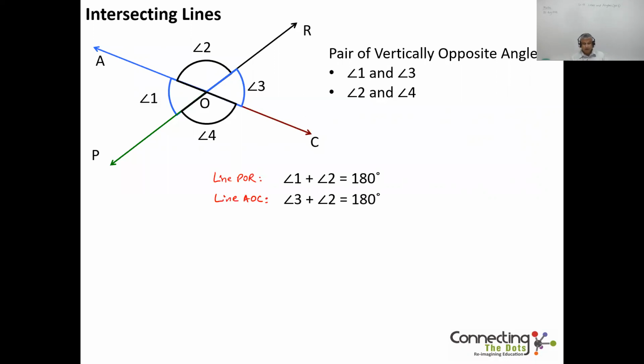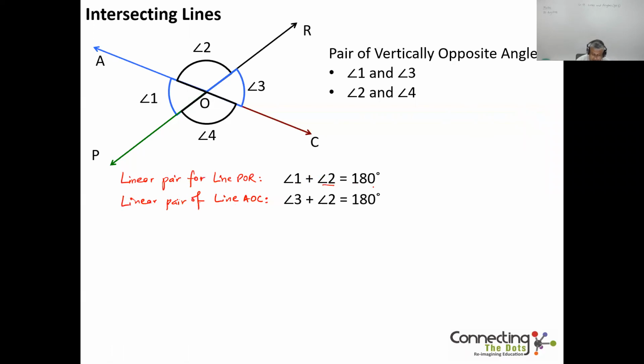So these are all linear pairs. Remember, we had 4 linear pairs. So these are two of those linear pairs.